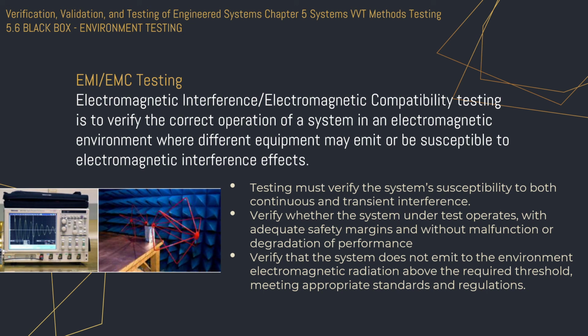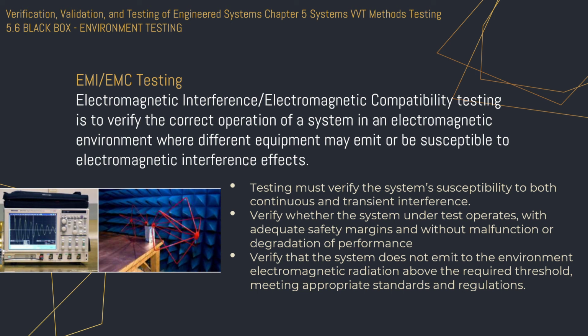If they are, it might affect performance or the output of both the sensor and the coffee maker. So we have to verify that the system under test operates with adequate safety margins, without malfunction or degradation of performance.